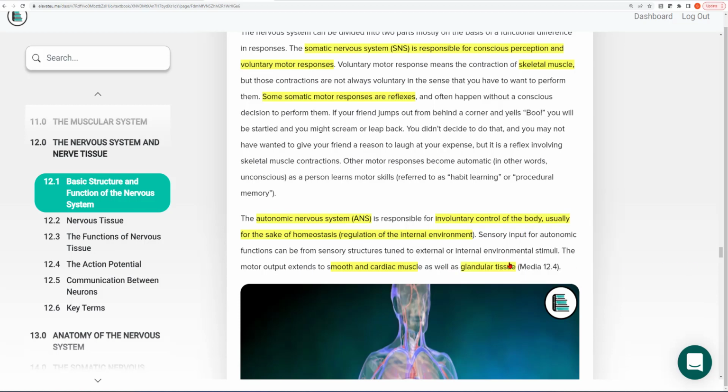You don't have any voluntary control as to when, for example, you are going to sweat, or when you are going to secrete pancreatic juices, or when your stomach is going to make gastric acids. So those secretions from your glands of your stomach, of your pancreas, even of your sweat glands, you don't have control over that. So that is also part of the autonomic nervous system.